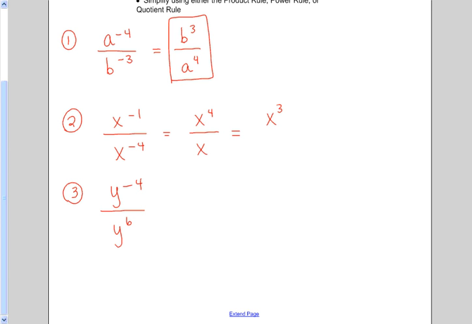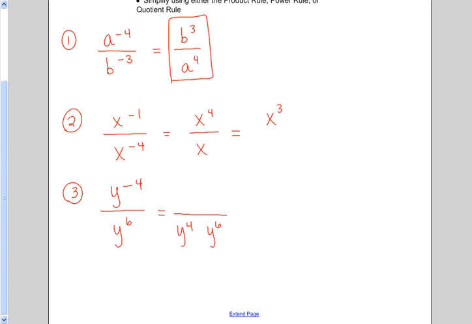So I would not need to take the reciprocal of the entire term. If I did that, it would move y to the 6th up to the top and make it a negative, and that's not what I want. So I'm only going to move y to the 4th to the denominator. Y to the 6th is already here because it was positive.